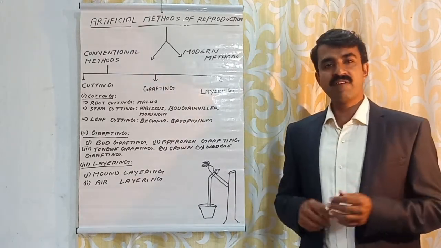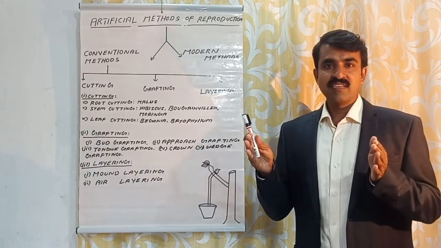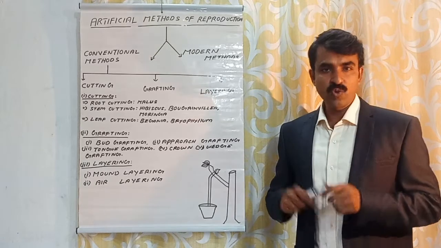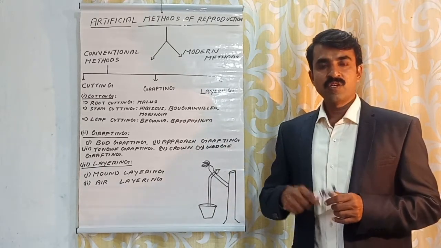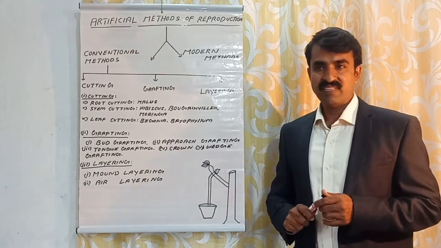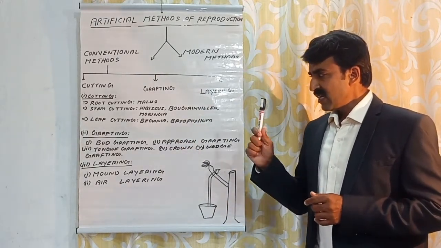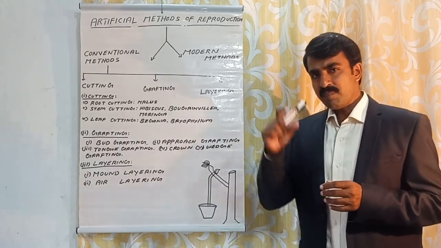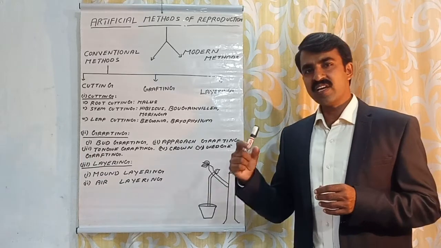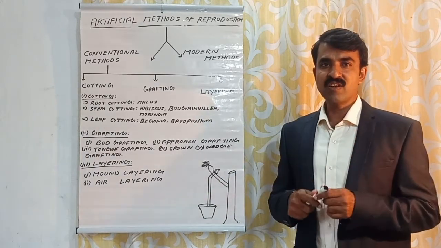So what do you mean by grafting? Two different plants are brought together and joined to produce a new plant. That is called grafting. In this grafting method, the plant which has contact with the soil is called the stalk, and the joining part is called the scion.